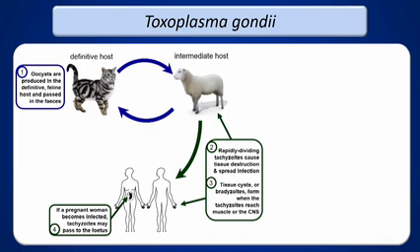It's successful because although I've said tissue destruction and spreading, it doesn't do this at a great scale. However, in the immunocompromised and also pregnant women, it is a concern. You may have heard that pregnant women are advised to stay away from cat litter trays, and that's exactly because you can easily get the infection through handling cat fecal material.